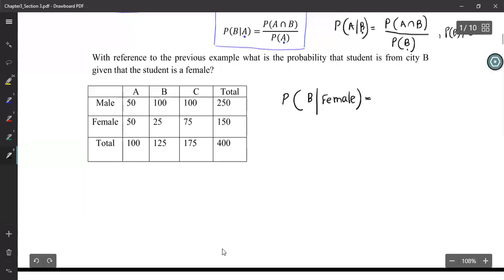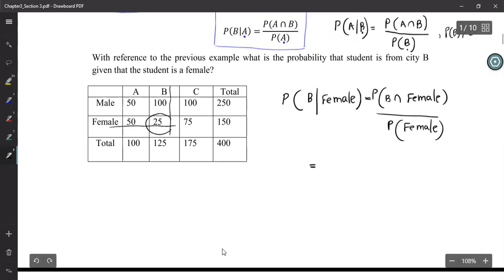Now, rather than looking at the table, let's use the definition. It is the probability of B intersection female divided by the probability of the given one, female. What is B intersection female?